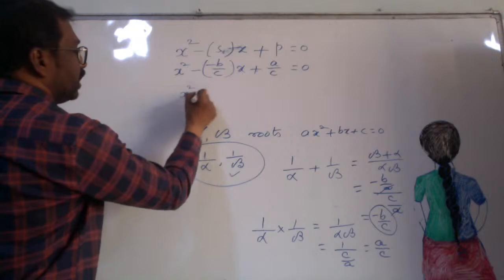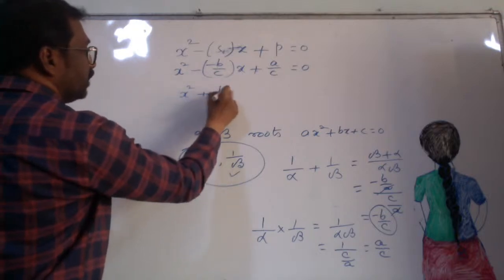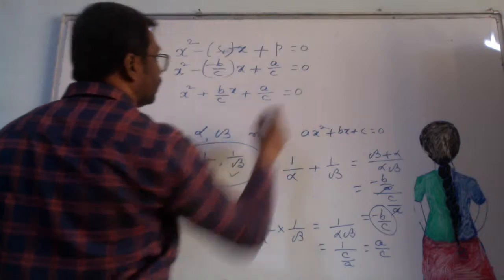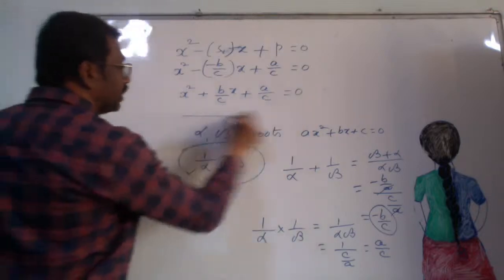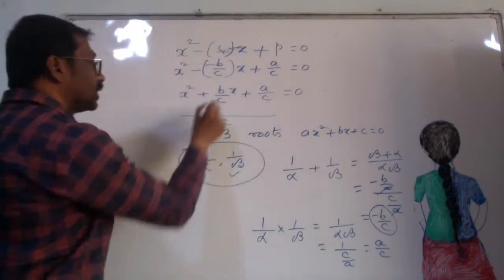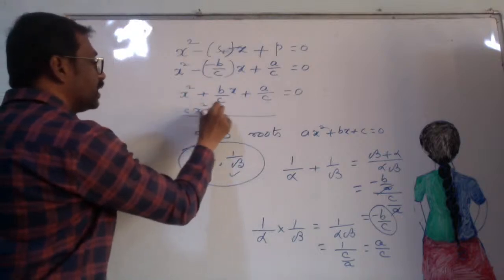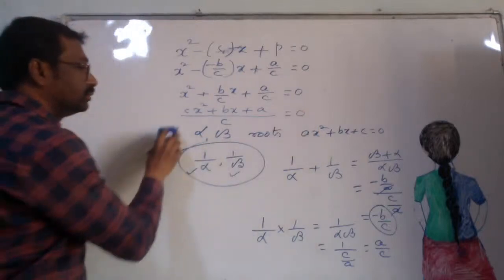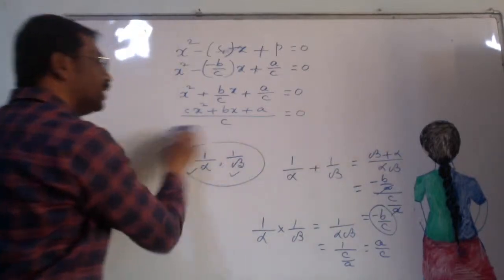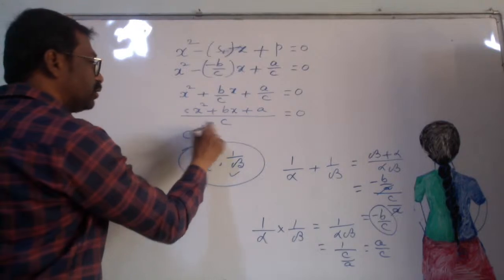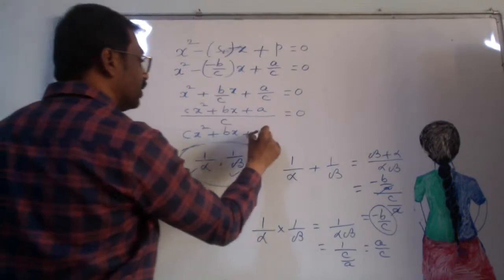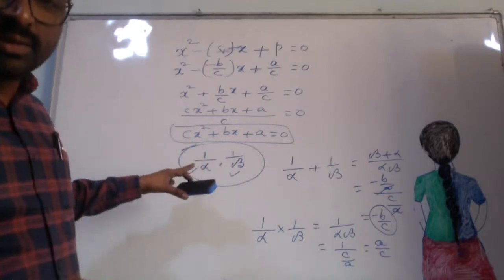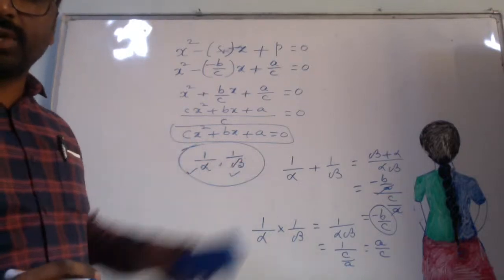So x square minus of minus b by c x plus a by c equal to 0. C is the LCM. So cx square plus bx plus a equal to 0. So this is the quadratic equation whose roots are 1 by alpha and 1 by beta.